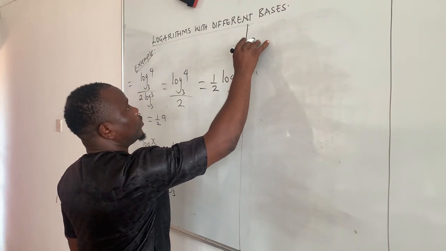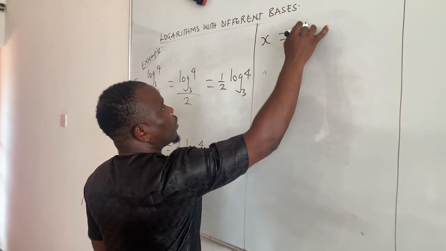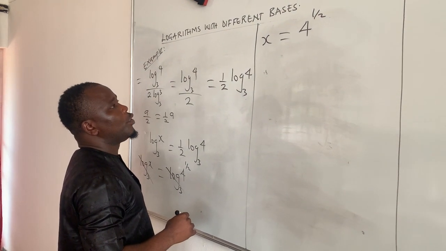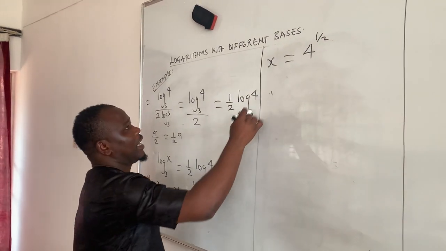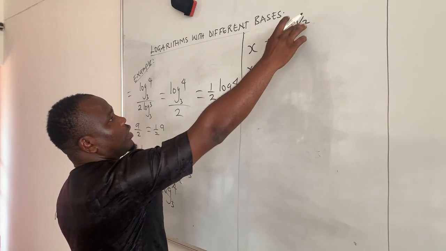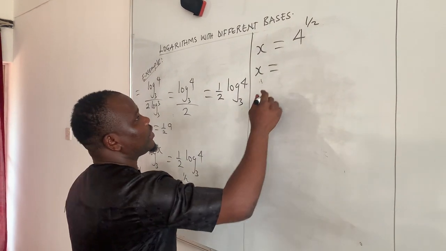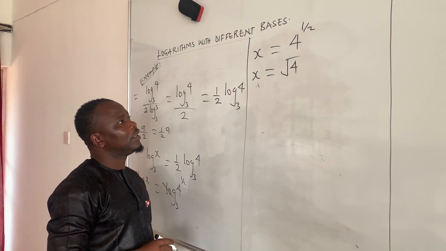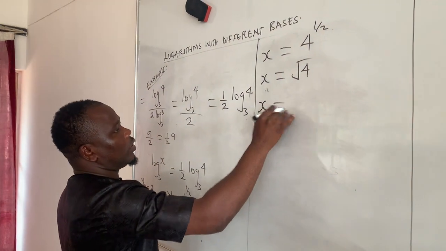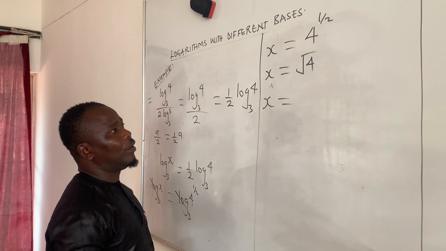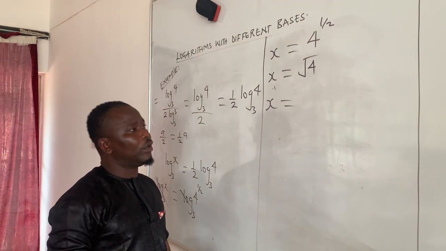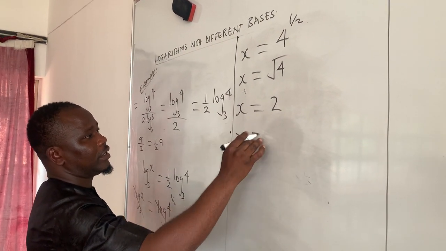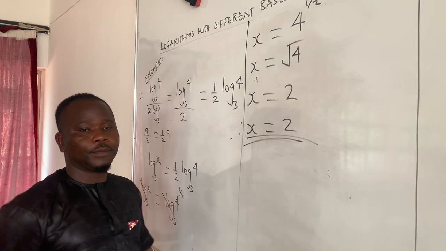So the left hand side will be x equals 4 raised to the power of half. In mathematics, 4 raised to the power of half is the same thing as the square root of 4. Amen? Then what will be the square root of 4? We all know that the square root of 4 is 2. Therefore, our x is equal to 2. Amen? Any question?